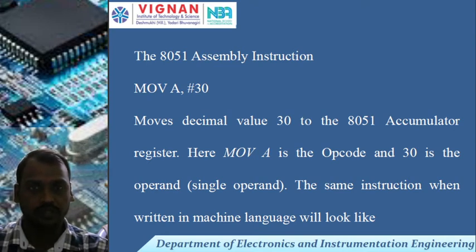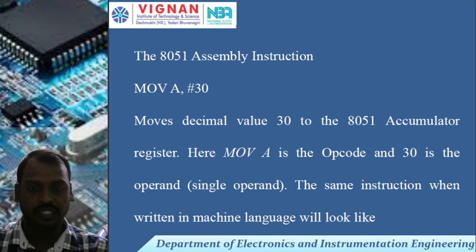Move a means to move data from one location or register to another register. Operand means it identifies the value. So move a is the opcode and 30 is the single operand.